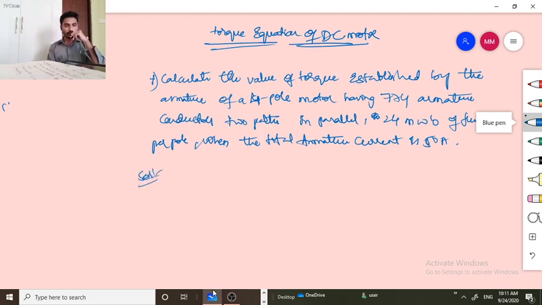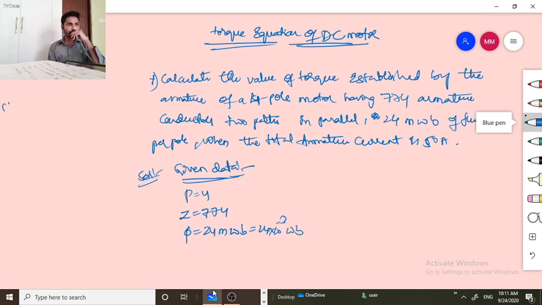So for this we need to note down the given data first. So given data is P equals the number of poles is 4 and Z is given as 774 and flux is given as 24 milliwebers, that means 24 into 10 to the power minus 3 webers, and total armature current is given as 50 amperes.